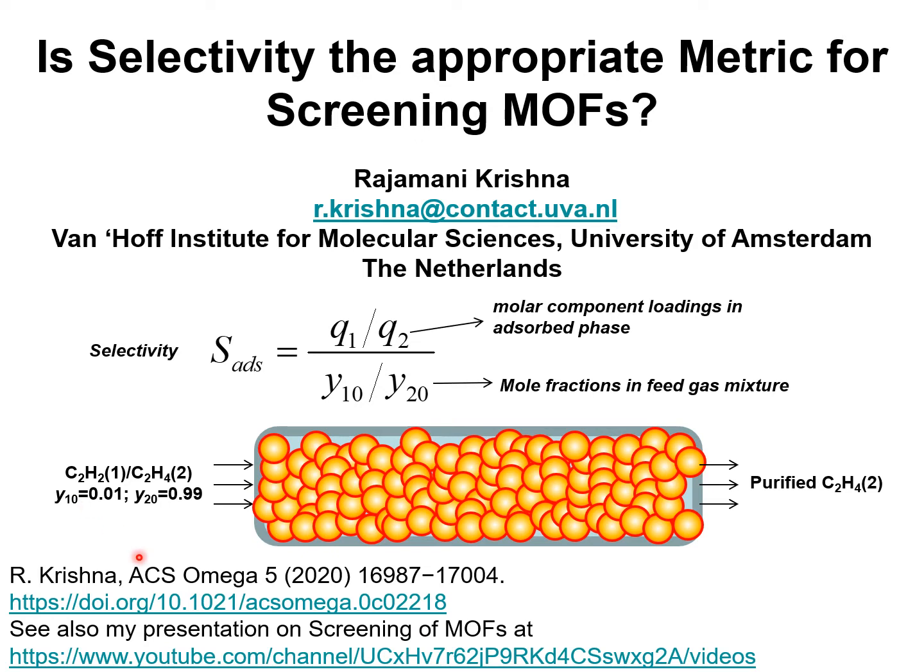In other words, for a feed mixture containing 1000 ppm ethine, we should ensure that the adsorbent MOF in the fixed bed is able to produce ethene with a purity corresponding to less than 40 ppm of the impurity ethine, C2H2.